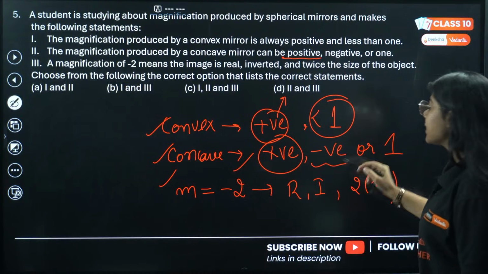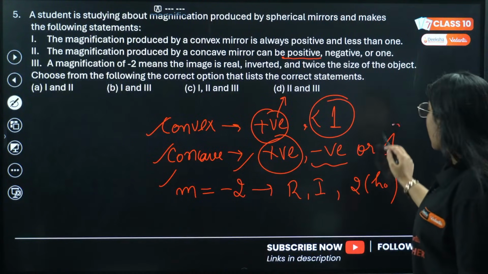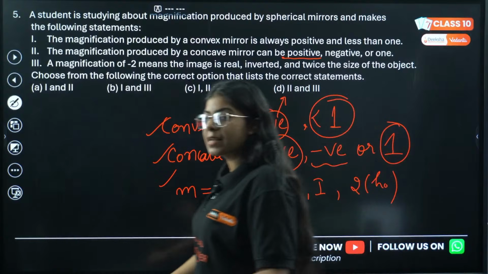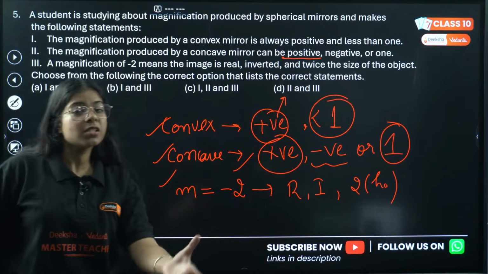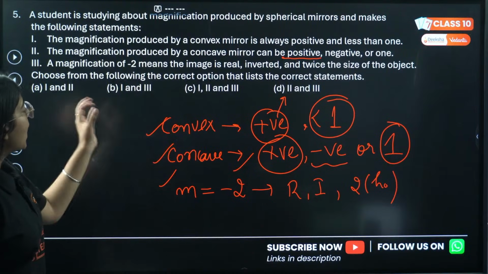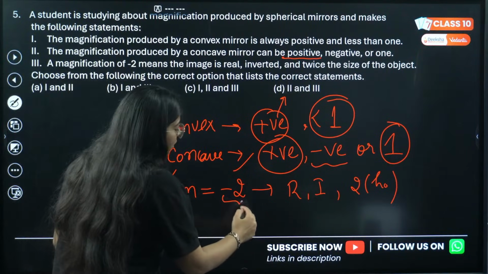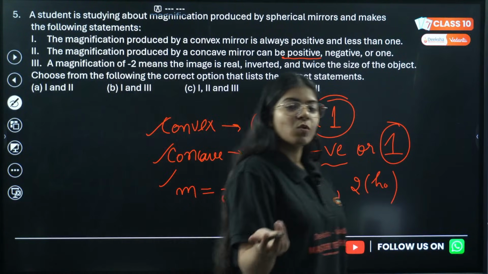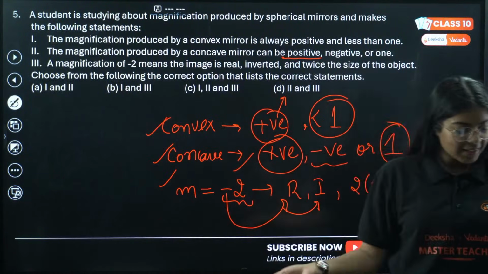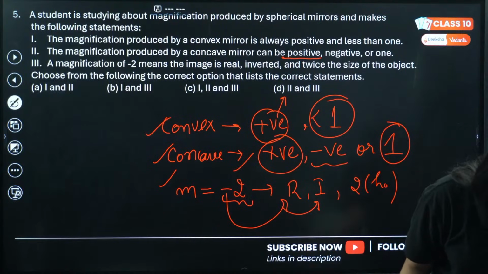It always has negative for real and inverted, and if we place the object at center of curvature, then the size of image is same, so magnification can be 1. And the third is -2. Minus means real and inverted, and 2 definitely means twice the size of object. Correct? Okay, Parth also said C.